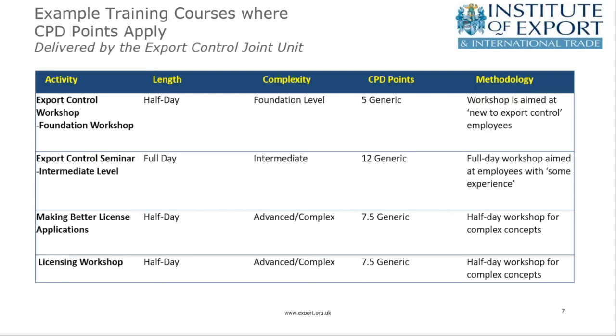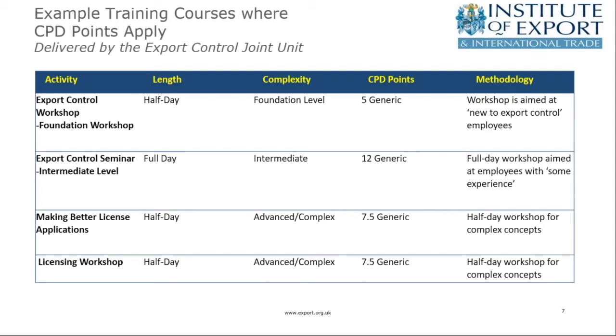So this is an example from the Export Control Joint Unit, and there are four activities indicated here, from half day to full day at different levels. And you can see there's a difference there in terms of the number of CPD points. And basically the number claimed varies by the length of time the actual workshop course is taken over, and to some extent also slightly the level of complexity as well.